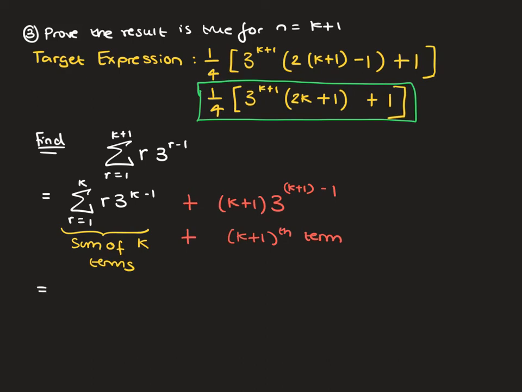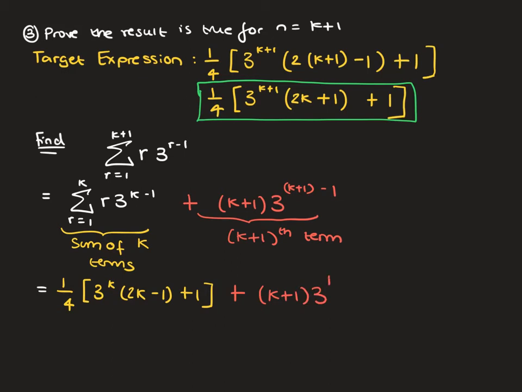So what do we know about the sum of the k terms? Well, we made an assumption about the sum of the k terms. We assumed it was equal to a quarter, 3 to the k, 2k minus 1, plus 1, and the k plus 1th term is (k plus 1) 3 to the power of k, because of course this part here simplifies down to just k.